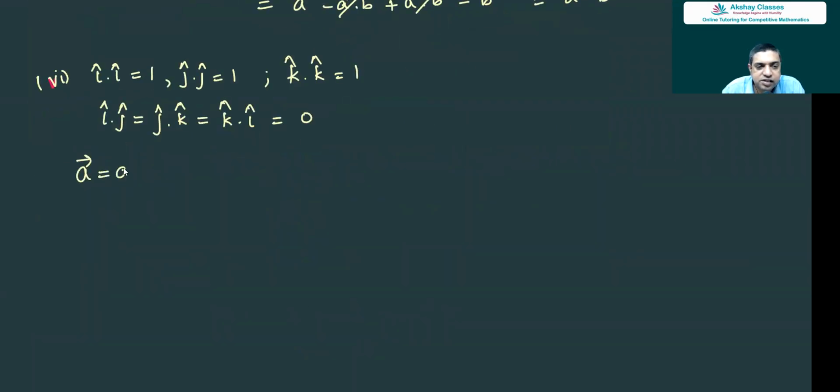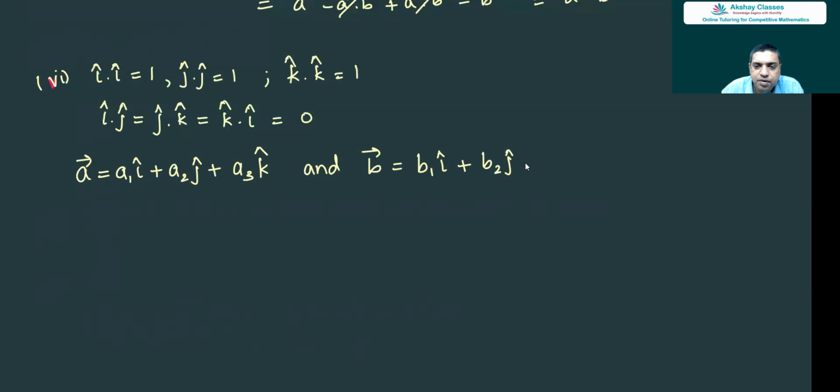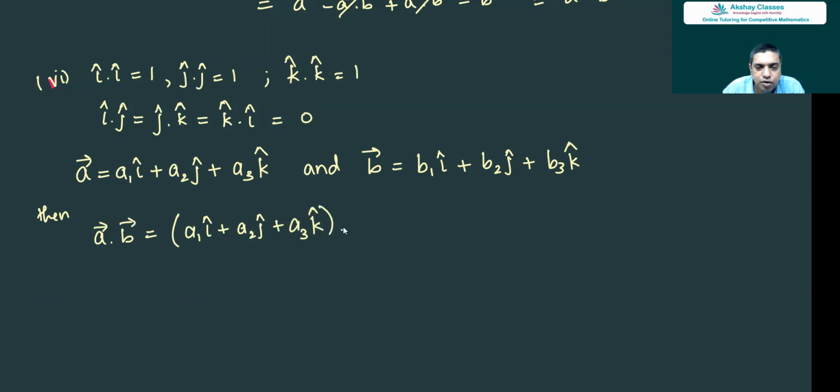If A is A1 I cap plus A2 J cap plus A3 K cap, and B is B1 I cap plus B2 J cap plus B3 K cap, then when we do A dot B, so it is A1I plus A2J plus A3K dot B1I plus B2J plus B3K.